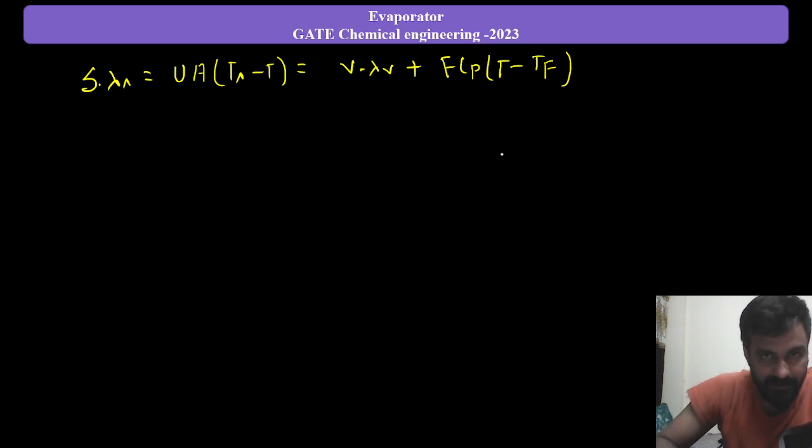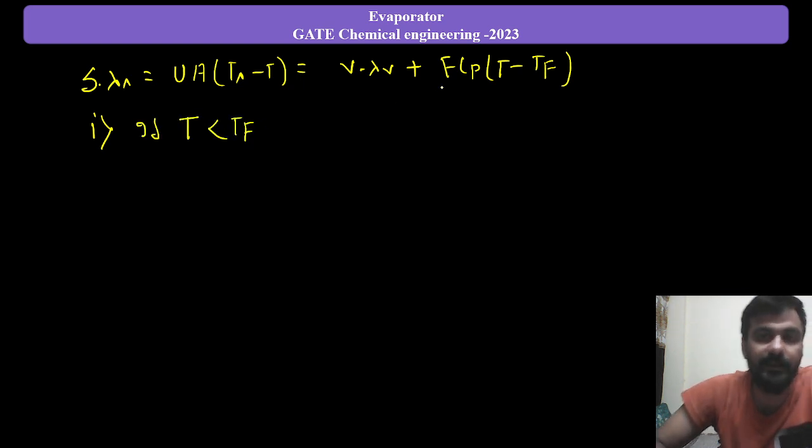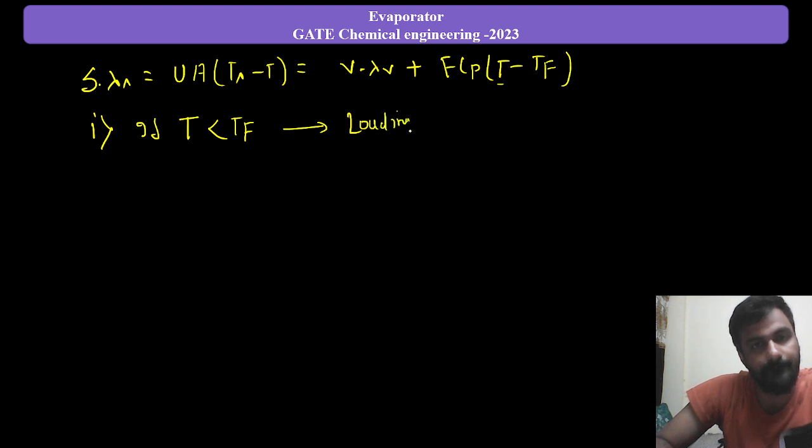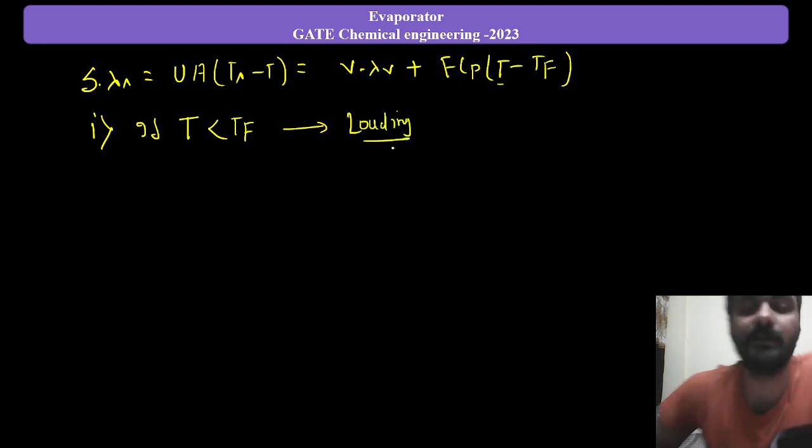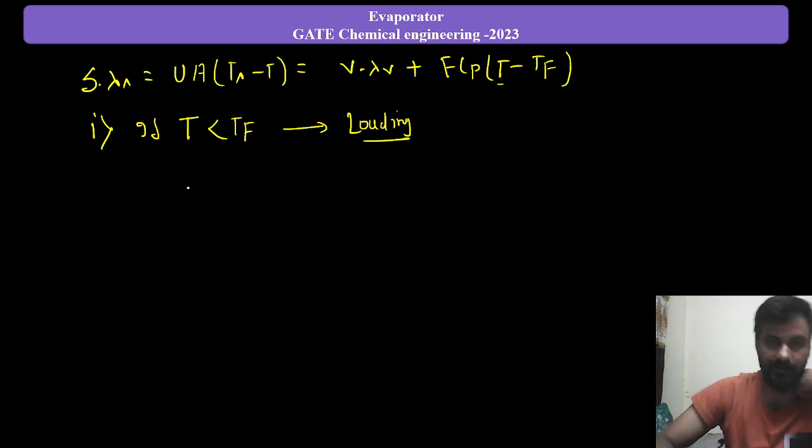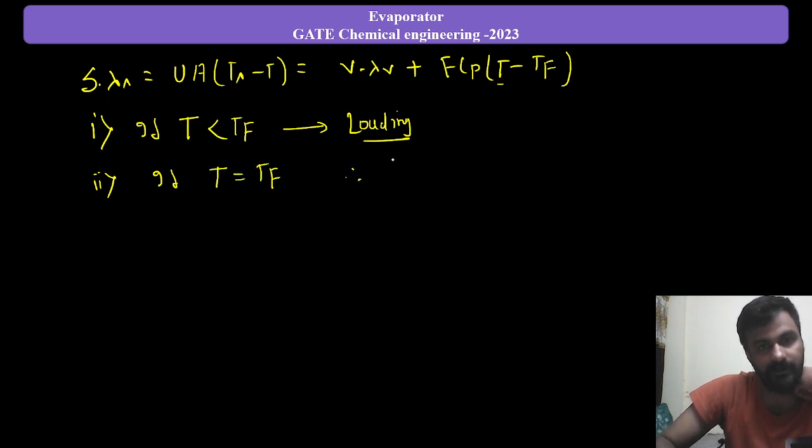Now, considering the first case, if T is less than Tf, if that solution temperature is less than Tf, it will be called a loading term, because we will have to supply more and more heat to the evaporator for getting evaporated. Now, if T equals Tf, what will happen?